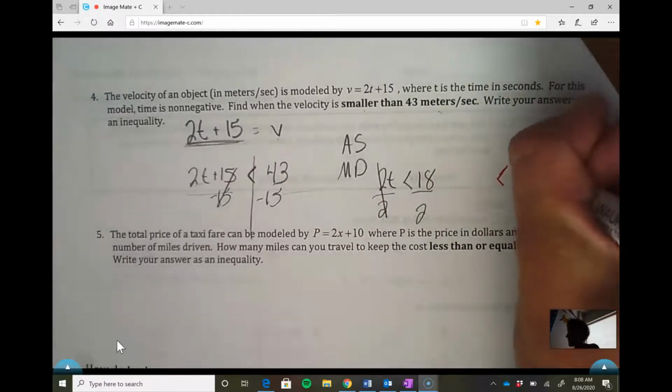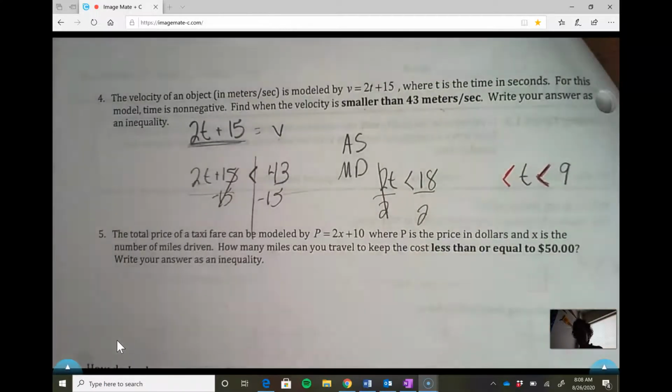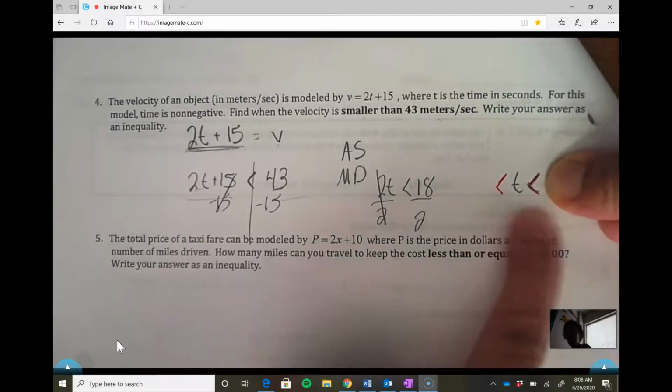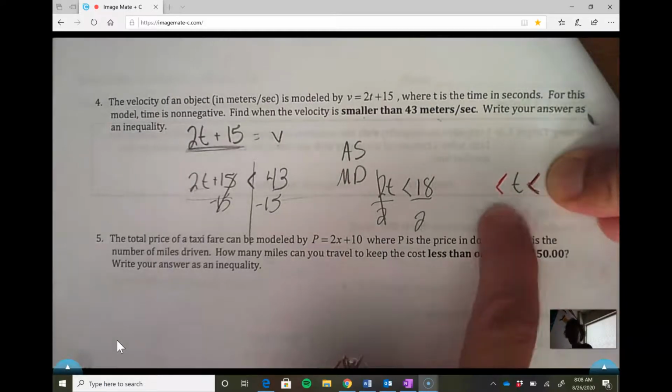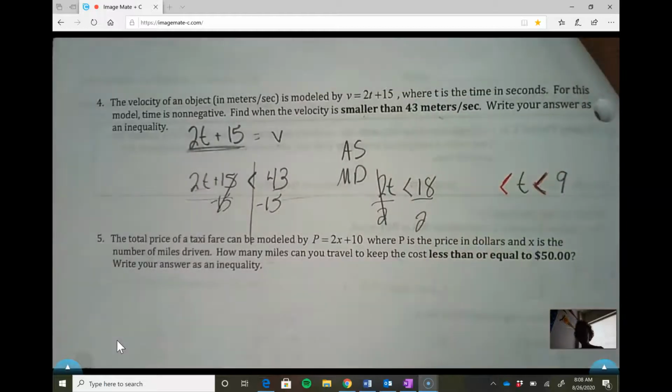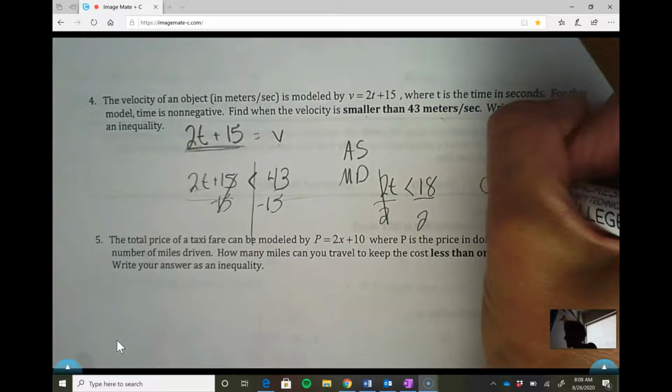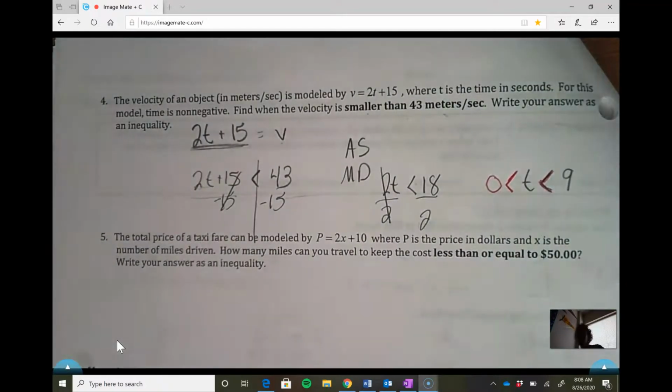And I did mention in that other video, kind of that basics of inequality, that this is in between. When you have the variable with 2 less than signs, and it can be underlined as well, but they are less than signs, that means between. So the time has to be between 0 and 9. Because anything smaller than 0, that's a negative number, and time can't be negative.